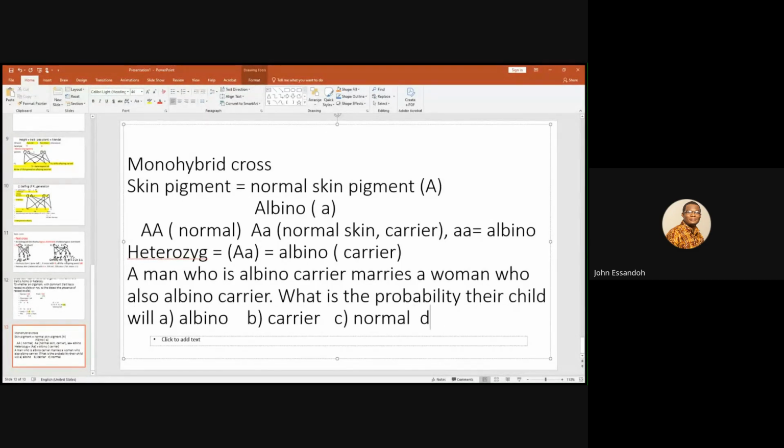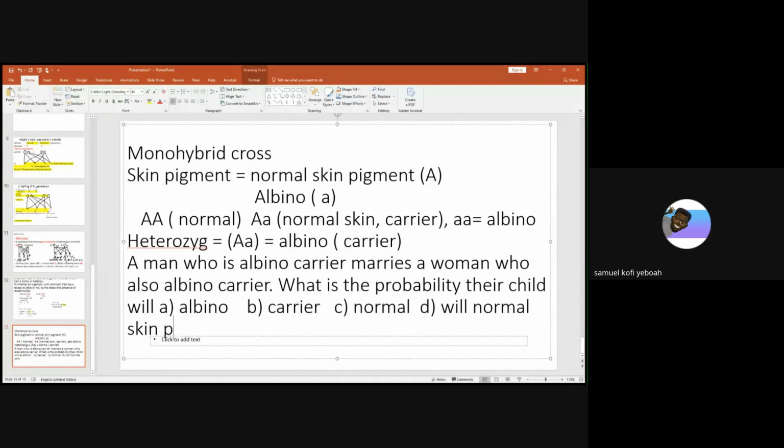Let me add D, not albino, so we'll have normal skin pigment. This is the question we are going to close with. Please, you have 2 minutes to finish.